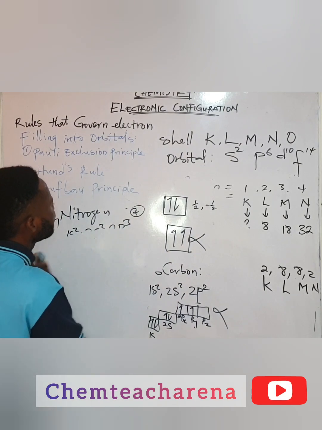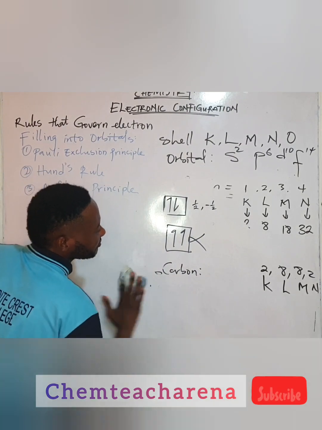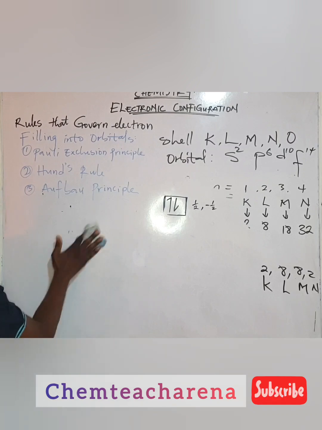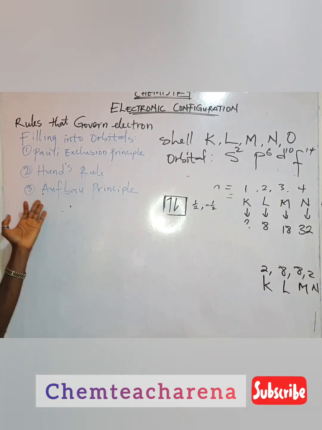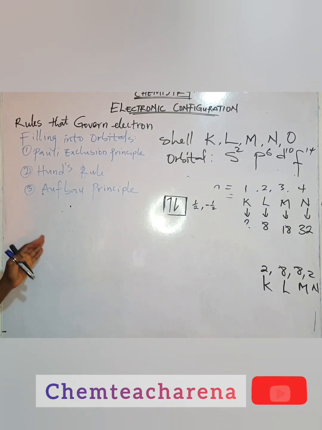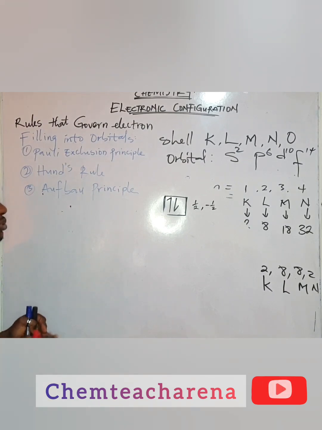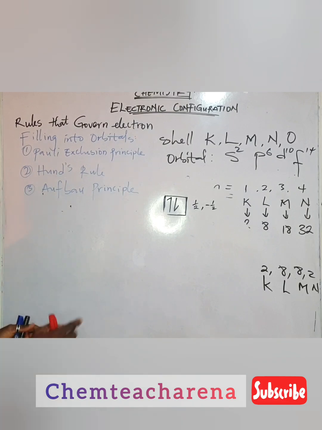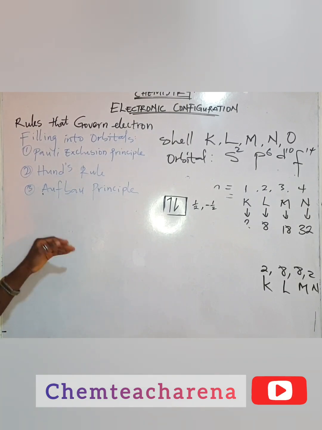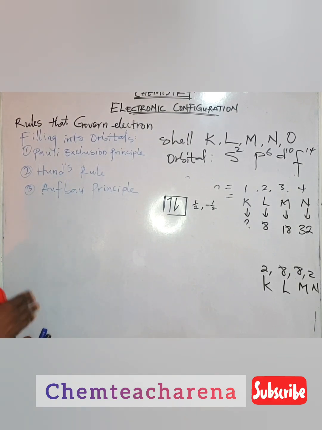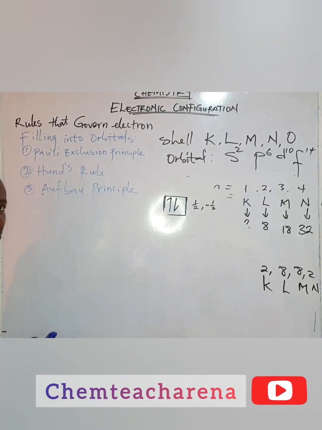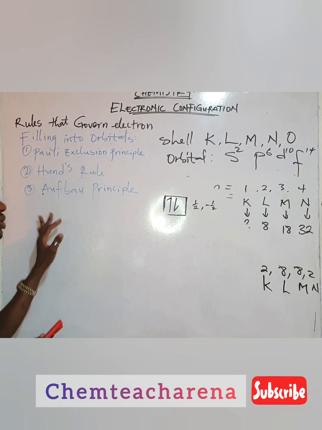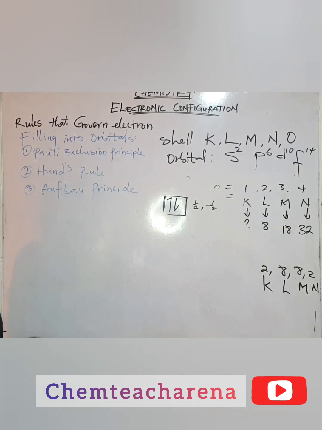Then for the last one, we have the Aufbau principle, which actually means building up of electrons in an atom. The Aufbau principle states that electrons are filled into the lower orbital before the higher orbital, in the order of increasing energy level.